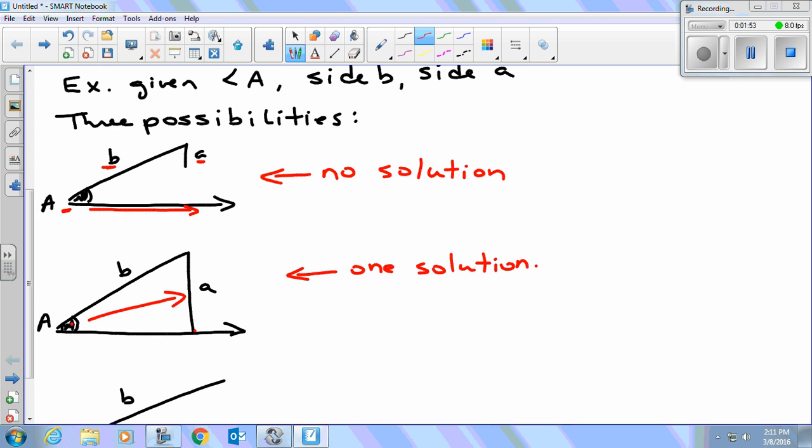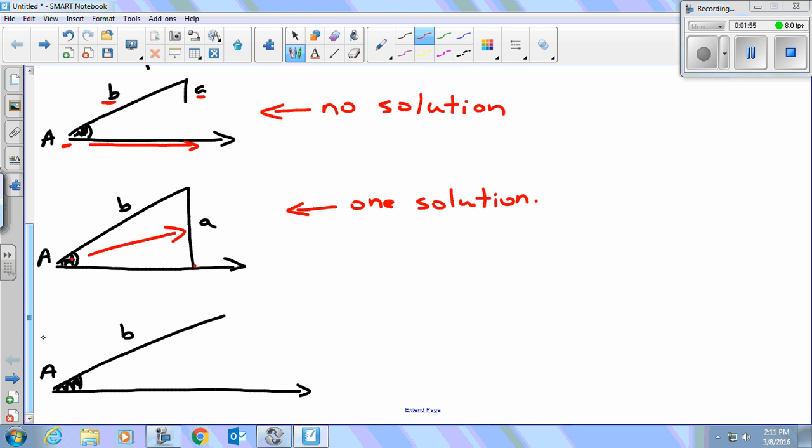In the third example, further down here, we could have possibly side A creating a triangle like that, but with the same length of line segment, we might create that triangle instead.